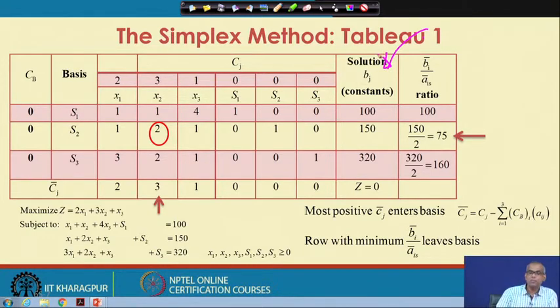This column represents the right hand side constants, which are 100, 150 and 320.